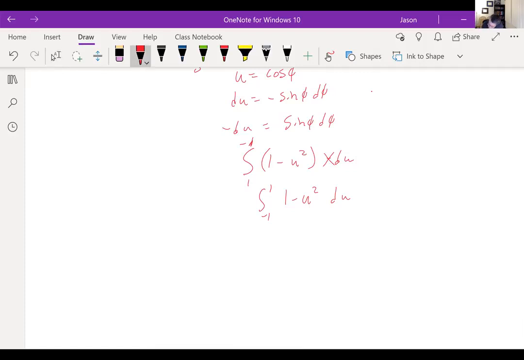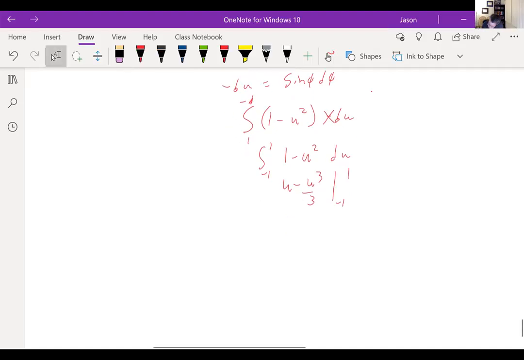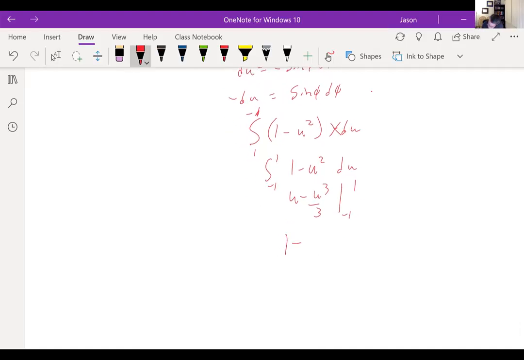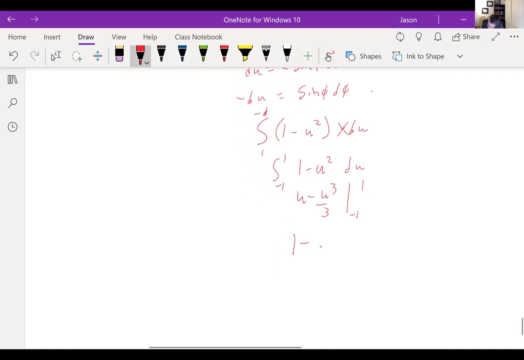So this is going to be u minus u cubed over 3 from negative 1 to 1. So this is 1 minus 1/3, minus negative 1 minus negative 1/3.